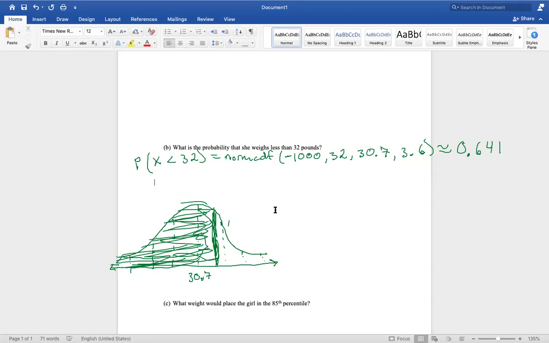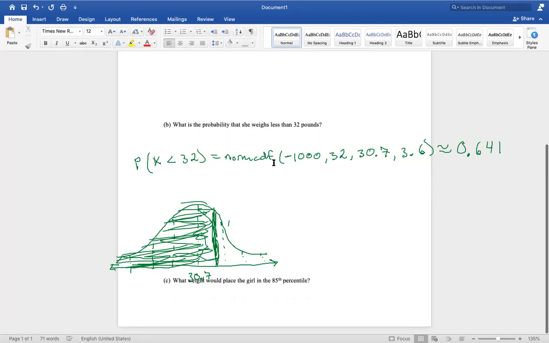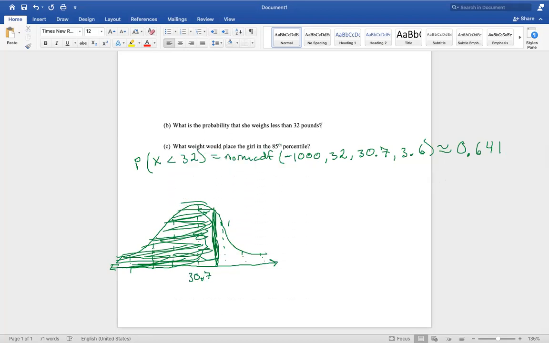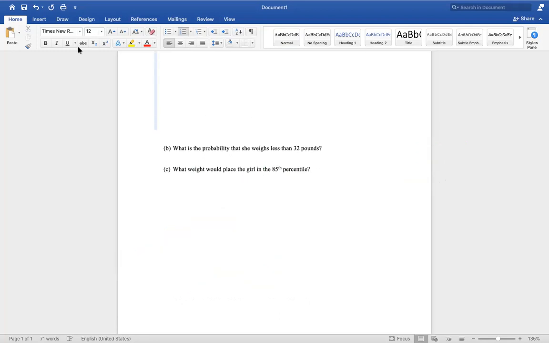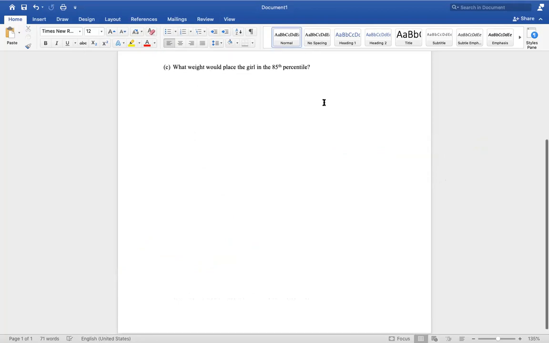Okay, fantastic. So this next one is going backwards, essentially. For part C, what weight places the girl in the 85th percentile? So for a question like this, we're not actually finding a probability here. We're finding the actual value.